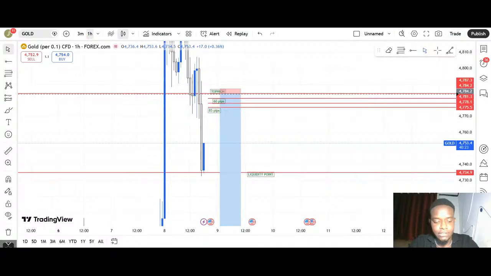Welcome to the stream, guys. So I'm expecting sales at my top high at 47.84.2. That's where my top high is. I've already placed my limit orders. Now waiting for price to reach that particular point, then see what the market will do.